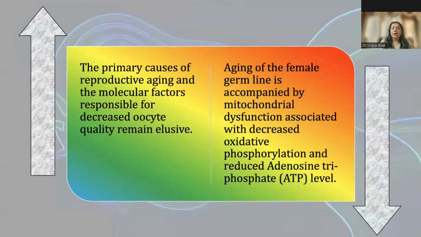The primary causes of reproductive aging and the molecular factors responsible for decreased oocyte quality and quantity remain elusive. Aging of the female germline is accompanied by mitochondrial dysfunction associated with decreased oxidative phosphorylation and reduced ATP level.